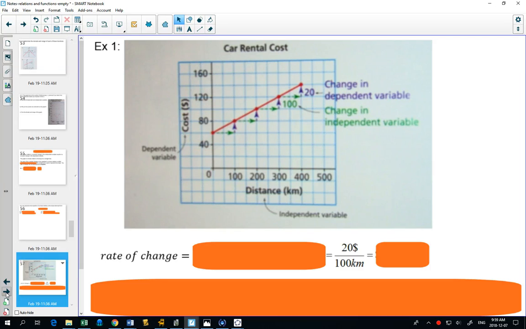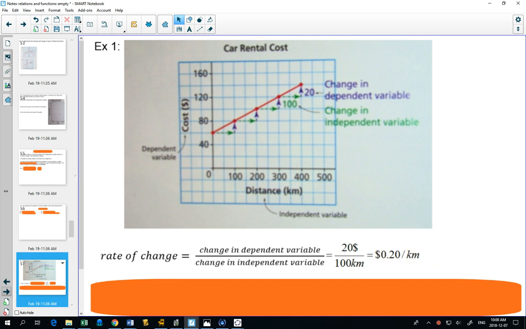So if you were to pick one section of this, it looks like you're going up 20 and you're going to the right 100. So our slope, our change in the dependent variable is $20. Our change in the independent variable is 100. If we simplify that, it's costing you 20 cents a kilometer.